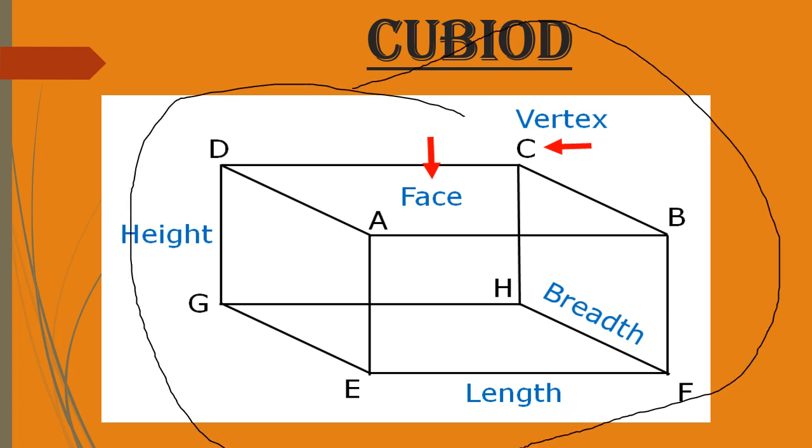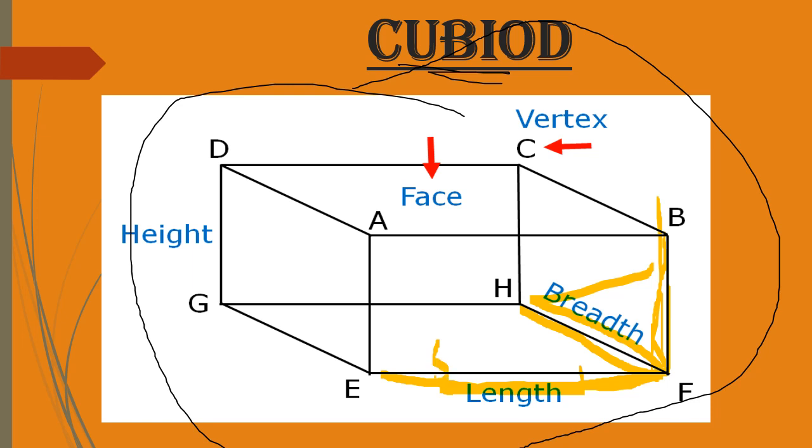There is no difference between cube and cuboid, but the only difference is of length, breadth and height. Length, breadth and height are not equal. In a cube they are equal, but in a cuboid they are not equal.